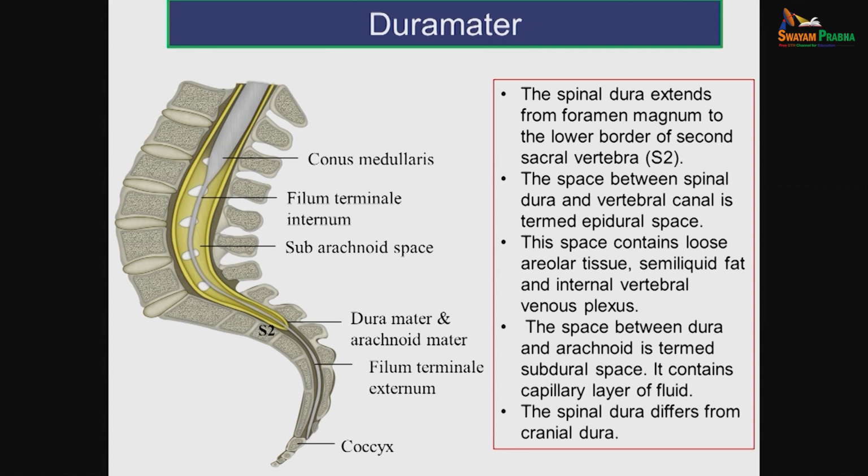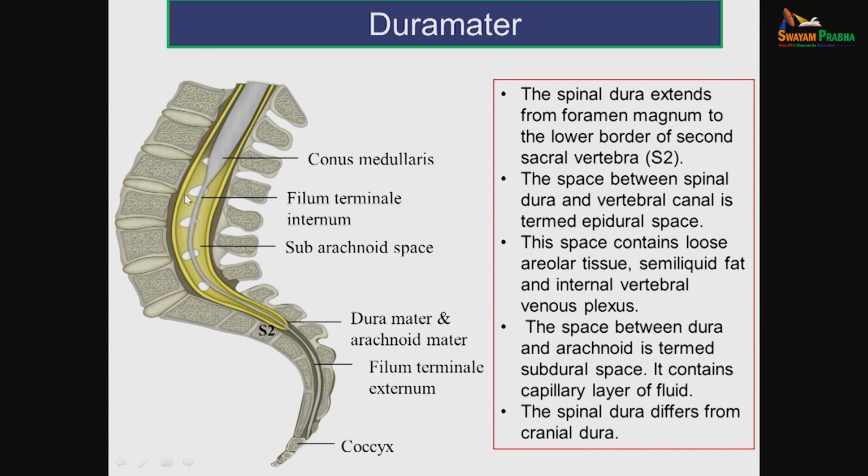The epidural space contains loose areolar tissue, semi-liquid fat and also the internal vertebral plexus. It is a venous plexus. The space between dura and arachnoid is called the subdural space, which contains a capillary layer of fluid.